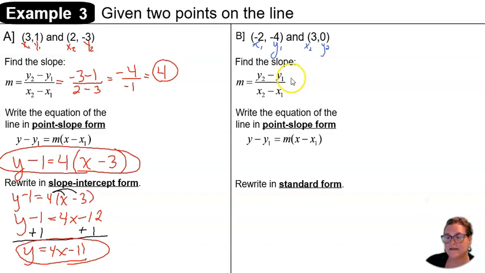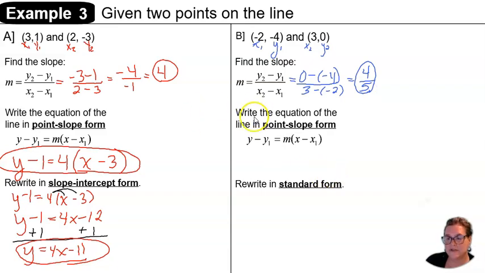To calculate the slope of the line between those 2 points, I take the difference of my y's, so 0 minus -4, over the difference of the x's, 3 minus -2. A minus and a minus is a plus, and 0 plus 4 is 4. A minus and a minus is a plus, and 3 plus 2 is 5. And so the slope of the line is 4/5.